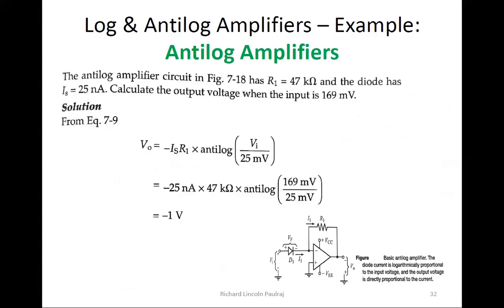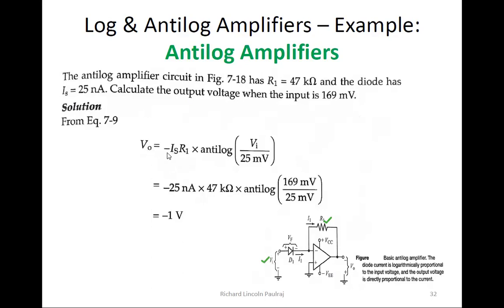The anti-log amplifier circuit in the figure has R1 equal to 47 kilo ohms. They're giving us data initially, right? R1 is 47 kilo ohms, and the diode has IS equal to 25 nanoamps. Calculate the output voltage when the input Vi, which is also given, is 169 millivolts. So I'm going to use the formula V naught is equal to V is equal to IR.